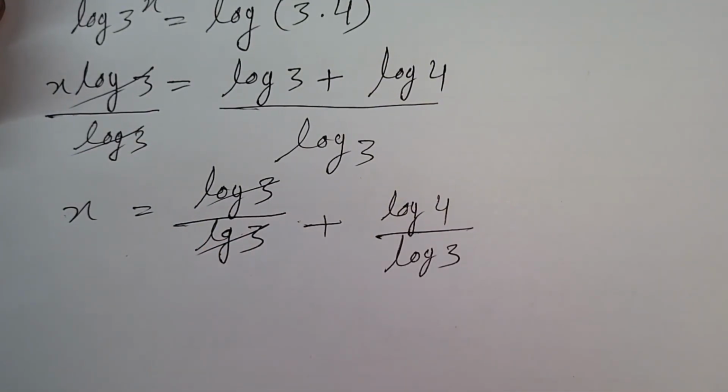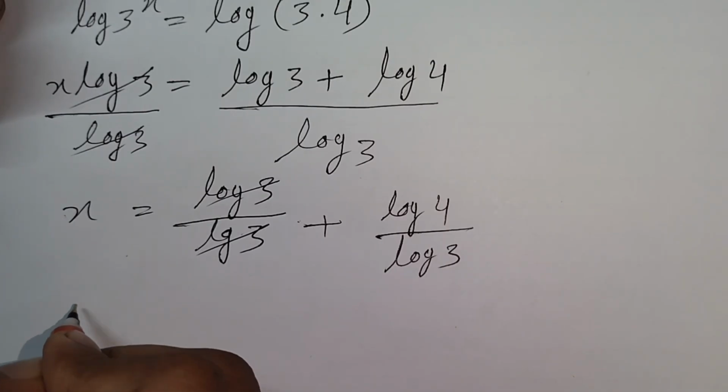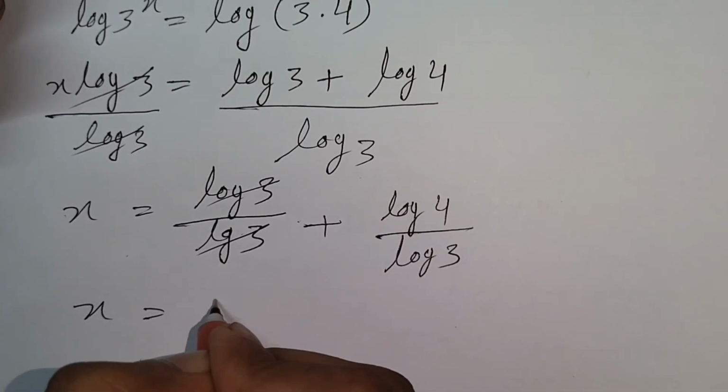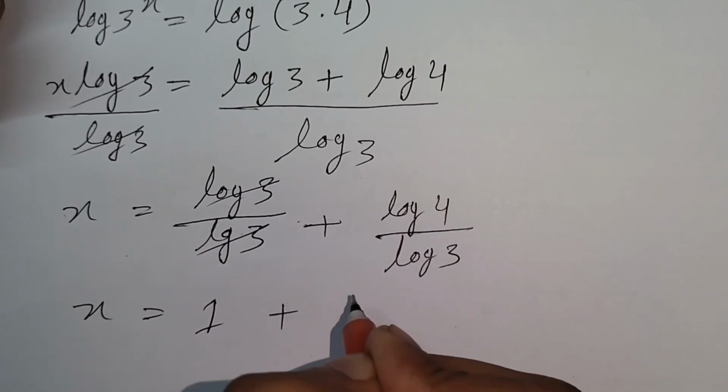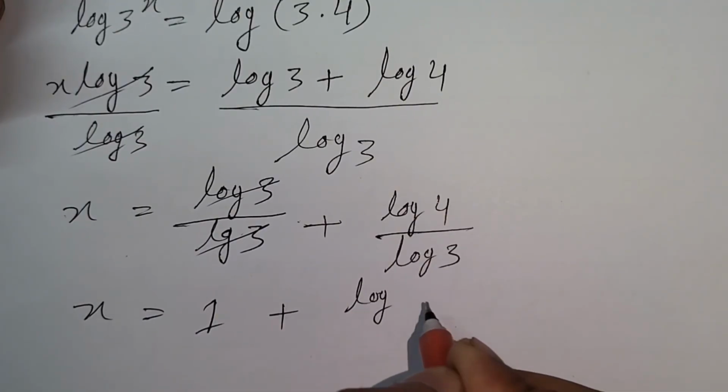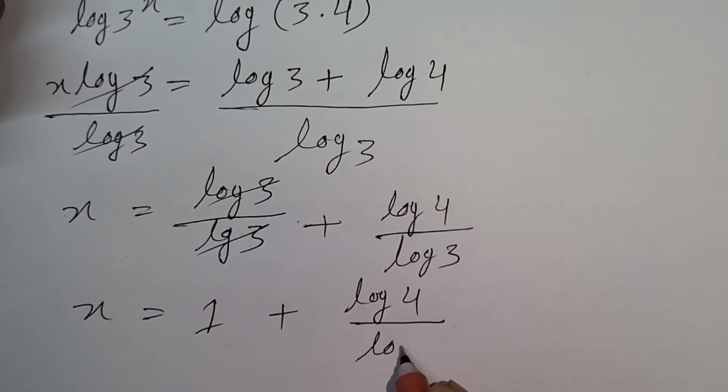Log 3 will cancel. X is equal to 1 plus log 4 divided by log 3.